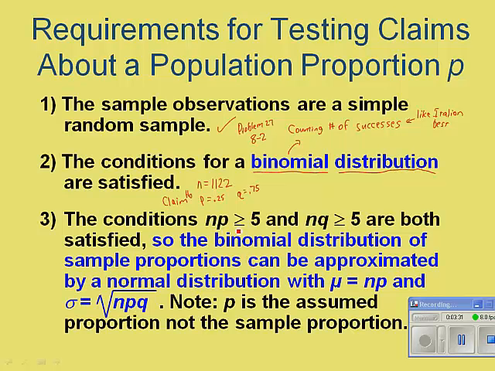Now, they list these other little requirements. I've not been a big stickler about this. This is a way of testing, will your binomial distribution look like a normal distribution? See how it says the binomial distribution of sample proportions can be approximated by a normal with mu equal this and sigma equal that. I have to warn you, we skipped this.